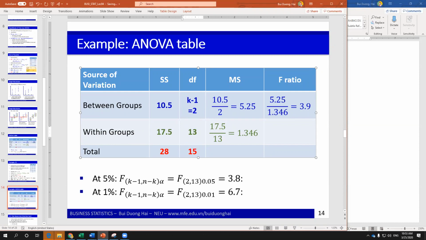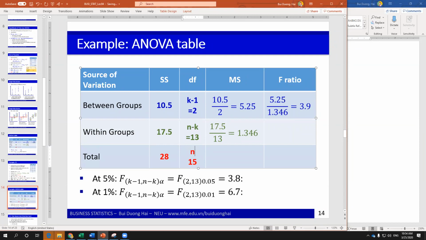13 equals what? N minus K. And how much is N? 16. K is 3. Okay? Therefore here N minus K. Why 15 here? Equal to N minus 1, and here is 16.